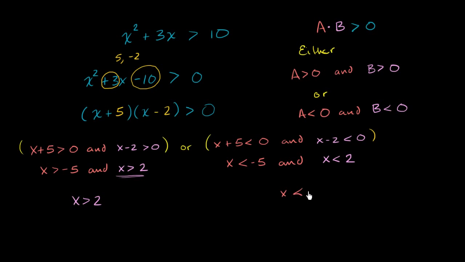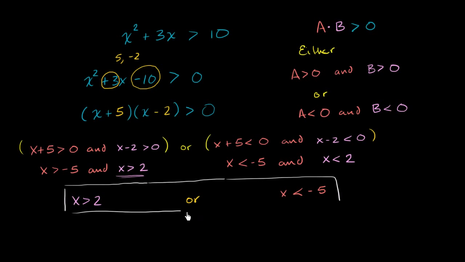If it's less than negative 5, it's definitely going to be less than 2. And we've got to remind ourselves that we have this or here. And that's essentially describing the solution set for this quadratic inequality here. x is going to be greater than 2, or x is going to be less than negative 5.